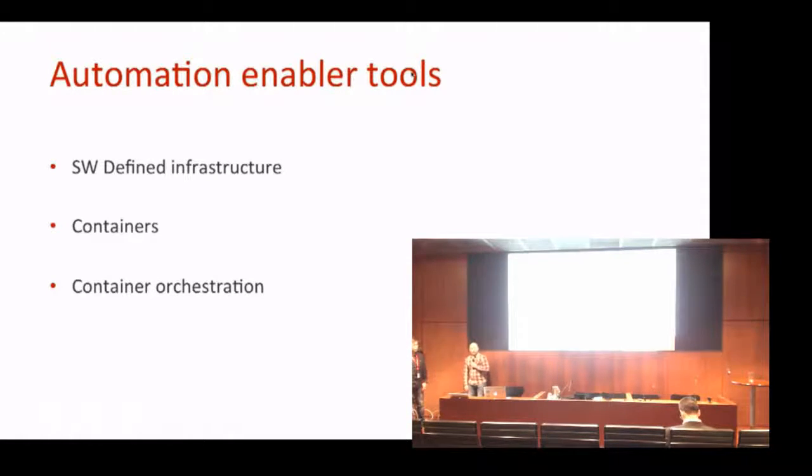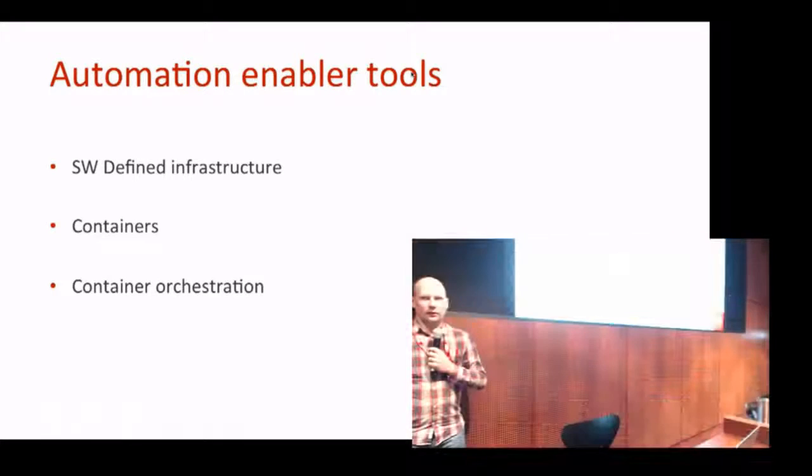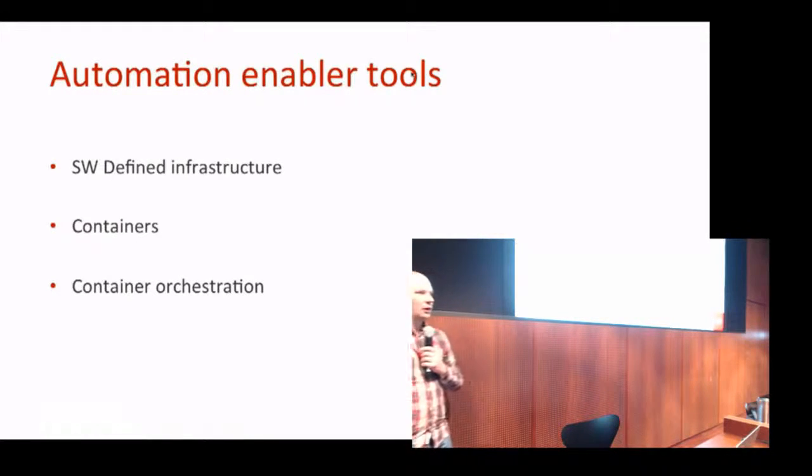And of course, nowadays systems are not built in a monolithic way, so we will have multiple different containers, and we have to orchestrate them somehow, because they will have interdependencies.